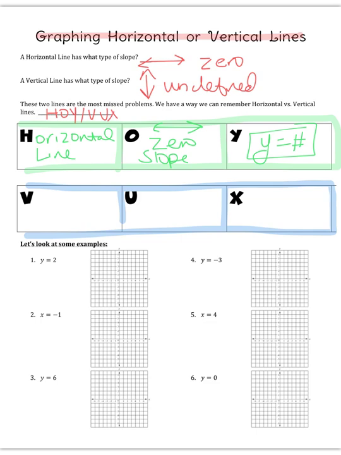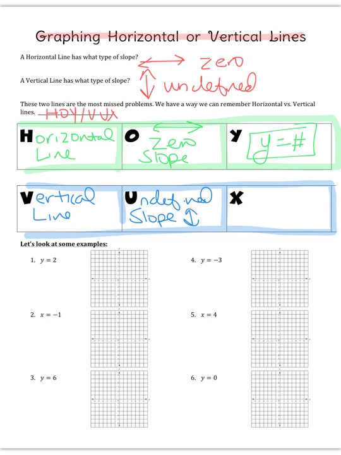So if we now talk about VUX lines, the V in VUX stands for vertical line. The U in VUX means it's going to be an undefined slope. And an undefined slope looks like it's going up and down.